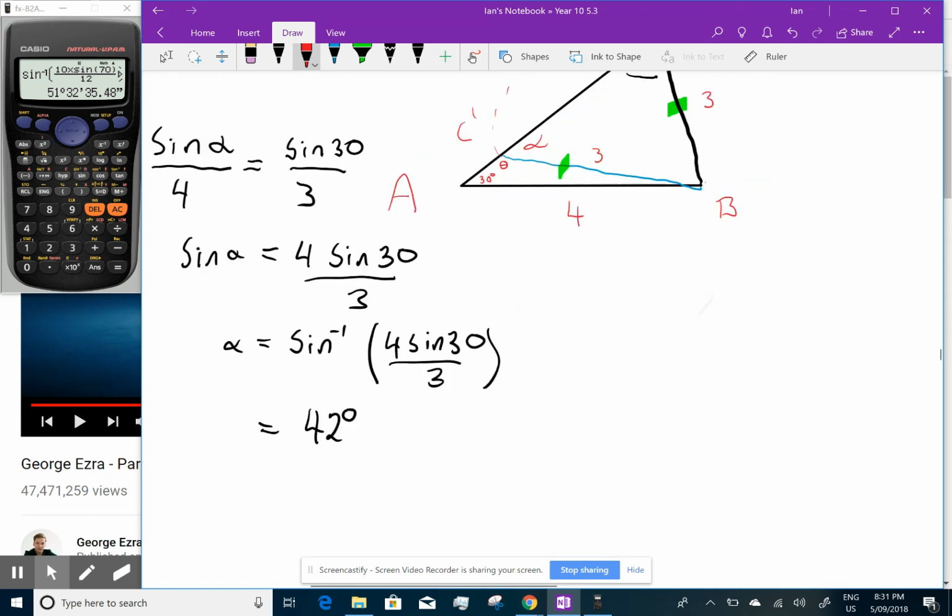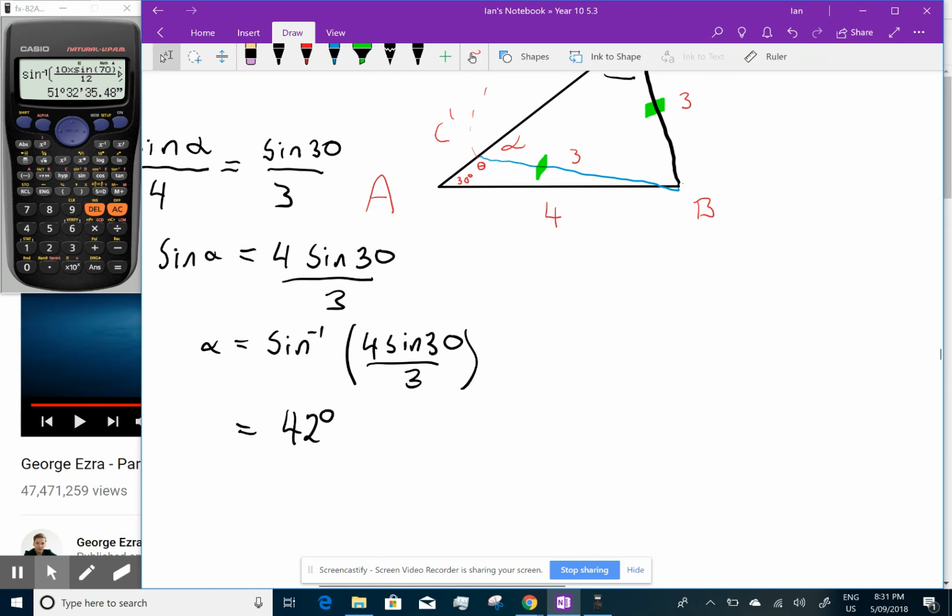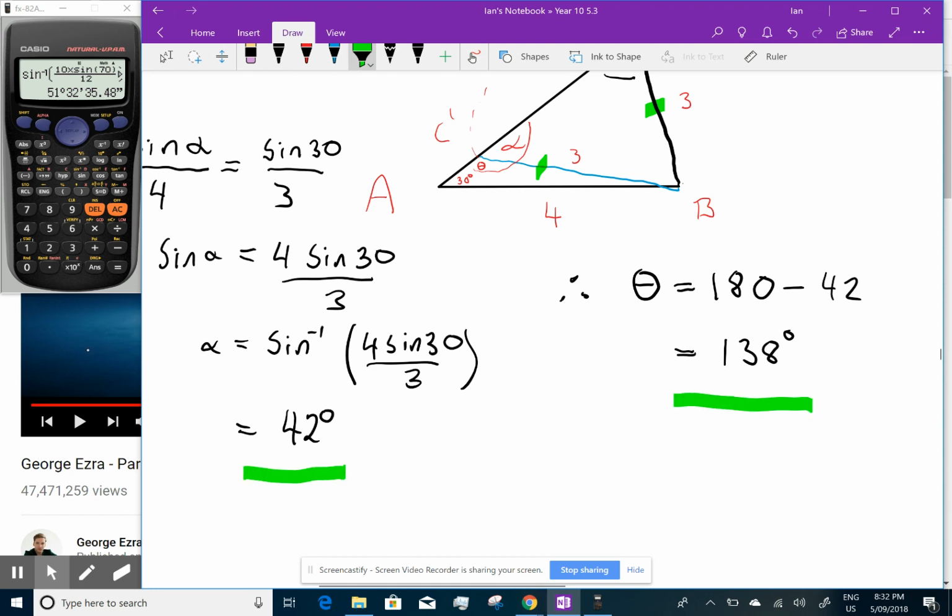So once you find alpha, you can find the other angle just by subtracting it from 180 because it's on a straight line, and so it'll make 180. So therefore, theta equals 180 minus 42, which will give us 138 degrees. And hence we can find the 2 possible values.